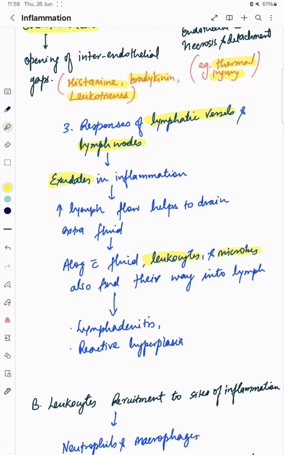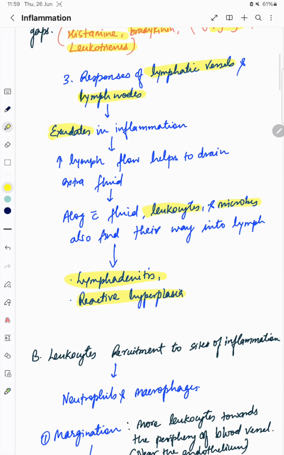As this is of infective etiology, this may result in lymphadenitis or reactive hyperplasia. So it is usually noted in inflammatory conditions that adjacent lymph nodes are swollen or painful because of the drainage of this exudate into them.